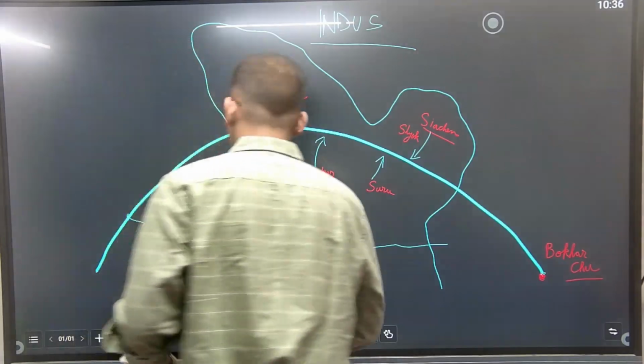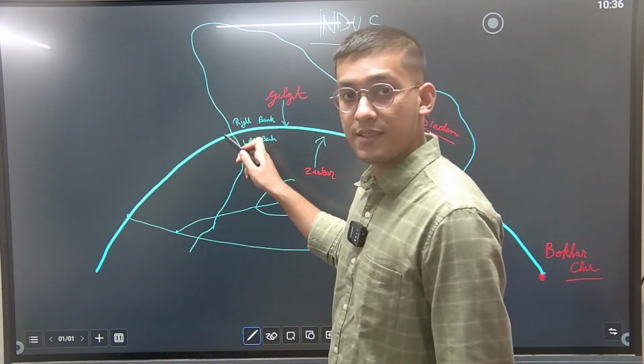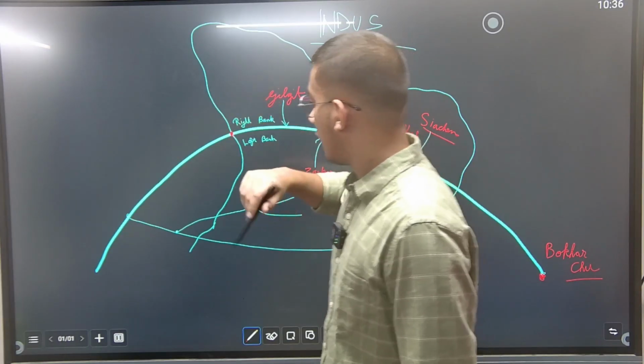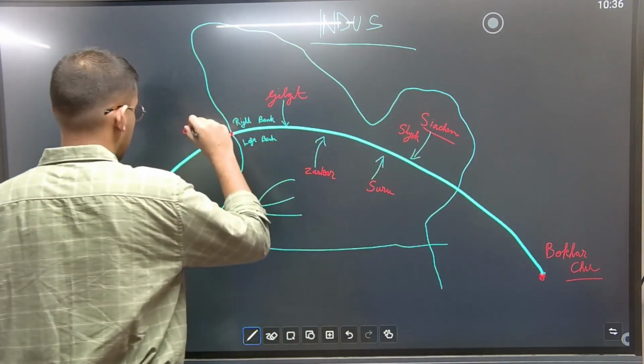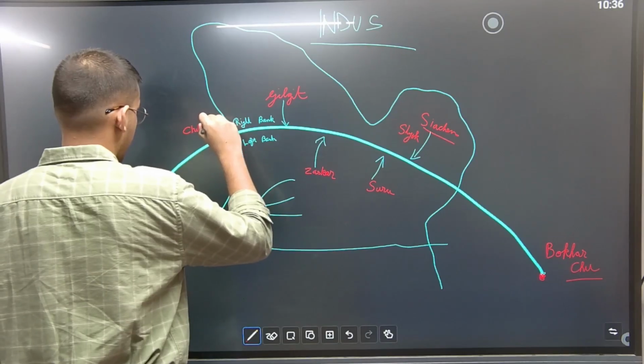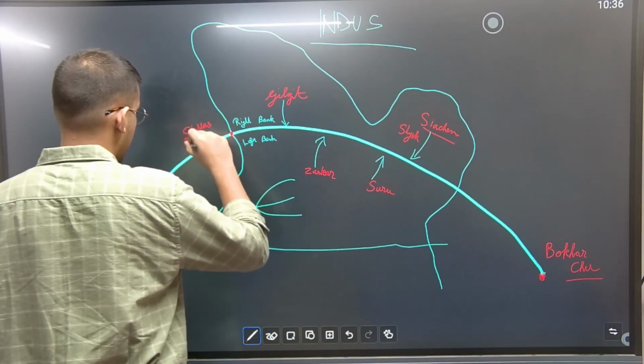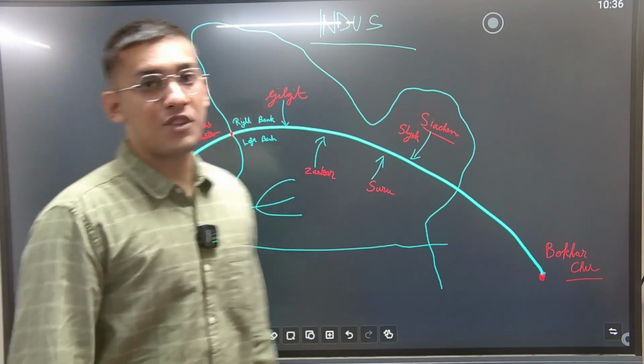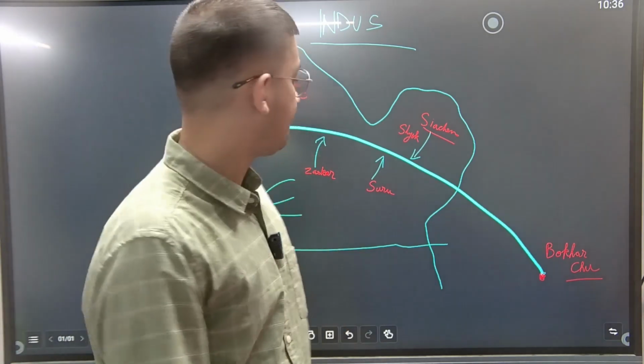We have to remember one thing: the Indus enters Pakistan here. This is Chilas, the Dardistan region. So the Indus enters Pakistan at Chilas, Dardistan region.